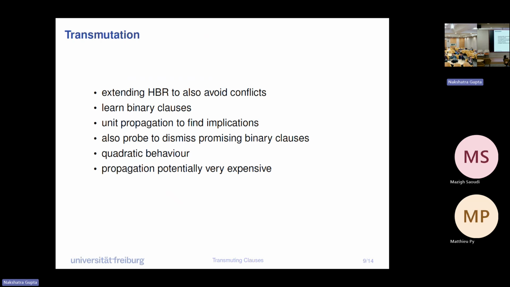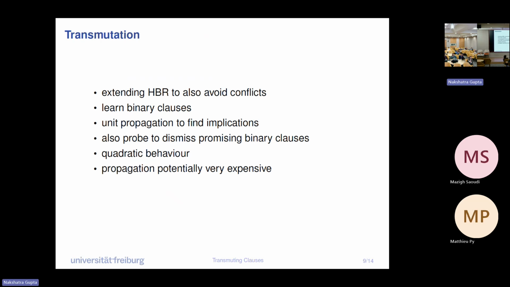So as I said, in every step, we basically do one decision and then perform unit propagation. And we also do this when we want to know if the final binary clause that we derived is actually good. So there's a bunch of unit propagation.